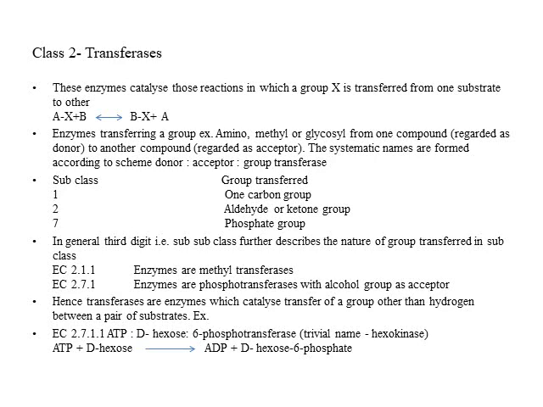For example, EC 2.7.1.1 is ATP:D-hexose 6-phosphotransferase. The trivial name is hexokinase. The reaction is ATP plus D-hexose gives ADP plus D-hexose 6-phosphate.